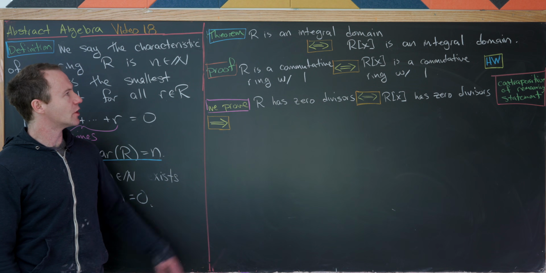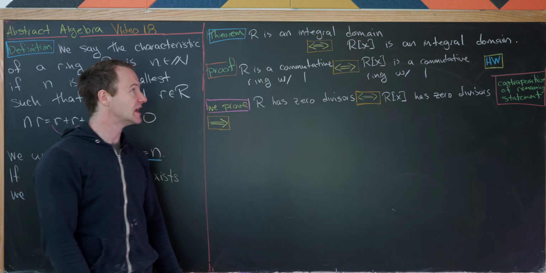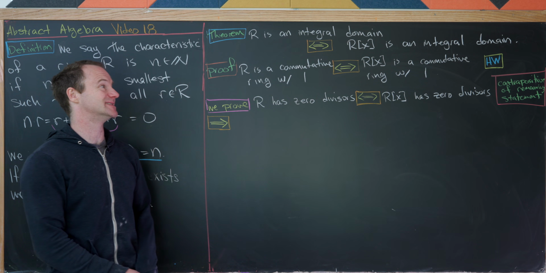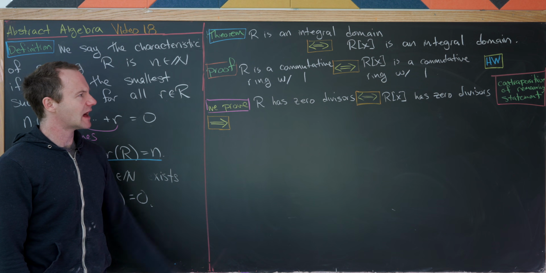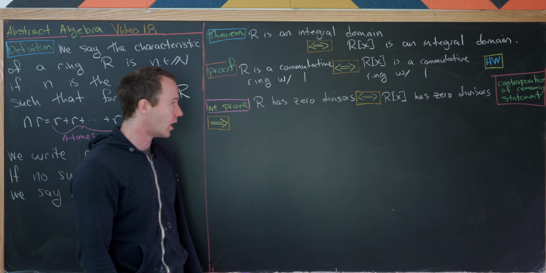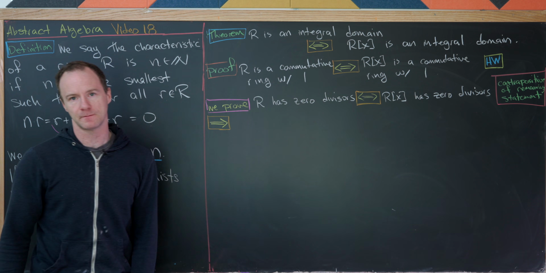So we're going to finish the video with a pretty nice theorem which says that R is an integral domain if and only if the polynomial ring R adjoin X is an integral domain. And I'm going to leave a bit as homework, and that is R is a commutative ring with 1 if and only if R adjoin X is a commutative ring with 1.